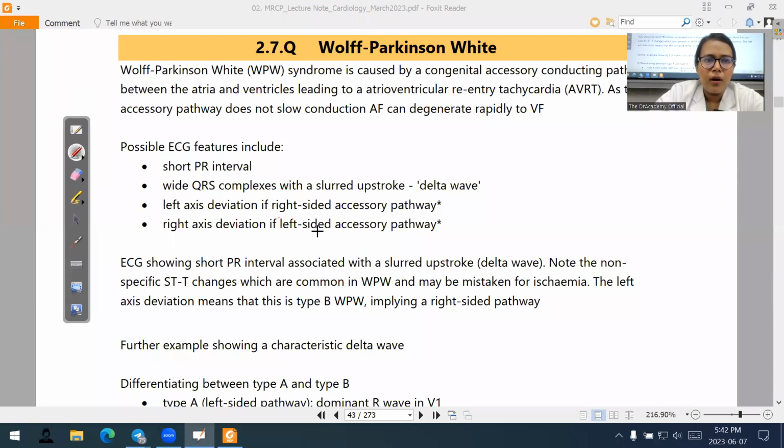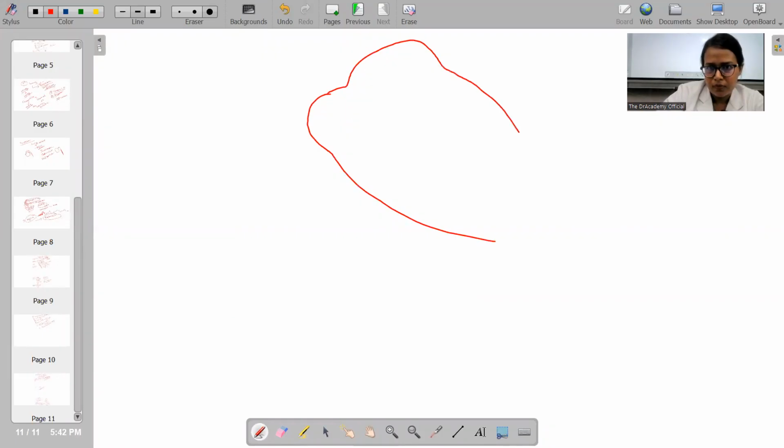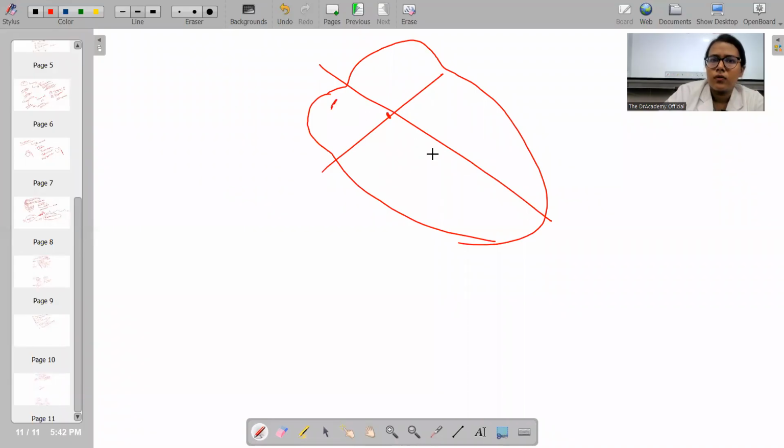So previously I have drawn a picture. I'll draw it again, no worries. In case of atrioventricular reentrant tachycardia, basically, there will be an accessory pathway, okay?